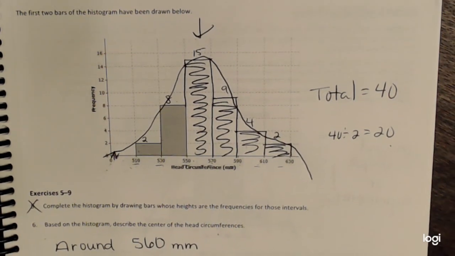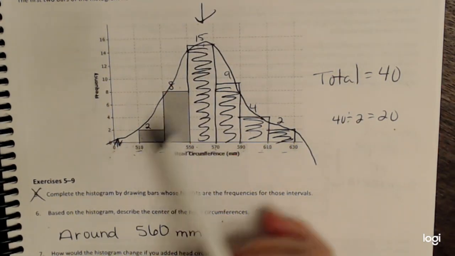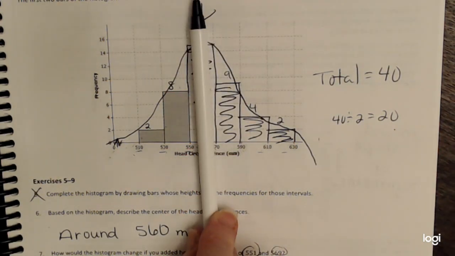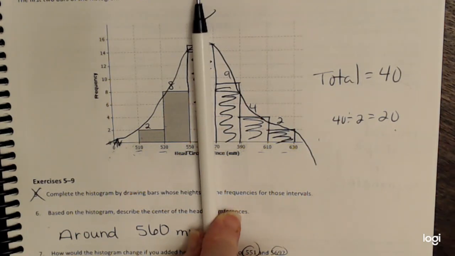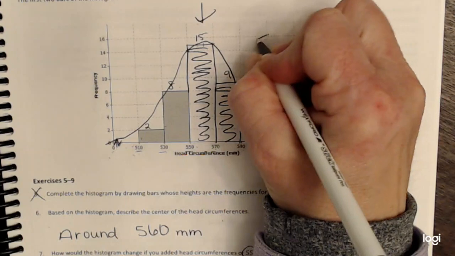And if I look carefully, it's kind of hard to tell if I'm going to go down the slide this way or if I'm going to go down the slide this way. It looks pretty close to where if I would fold it right there, I might be close but not perfect. So to me, I would say the best description for this histogram would be what we would call symmetric. So let's just write over here the word symmetric.